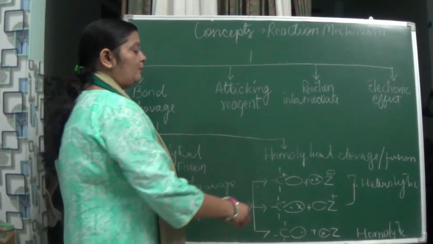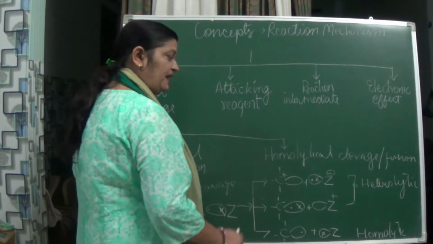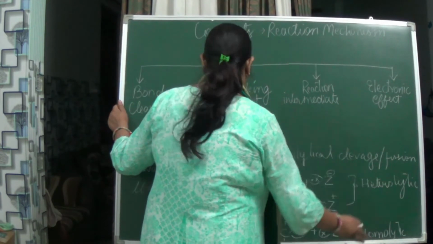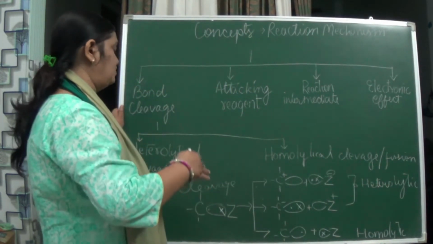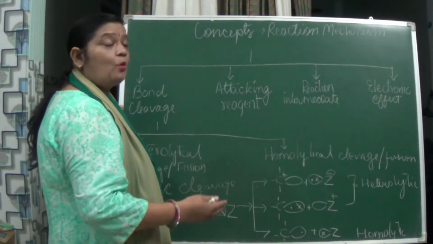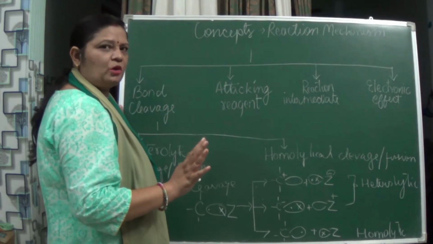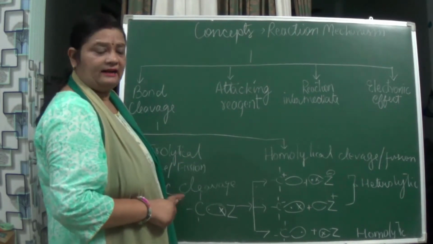So this type of cleavage where unequal distribution of electrons takes place is known as heterolytical or heterolytic cleavage. And this is known as ionic cleavage. Why? Because the electrons are shifted towards one side only. It is not being shared.